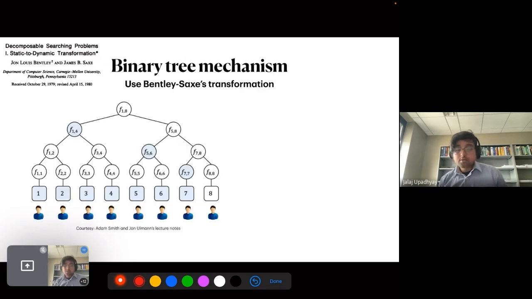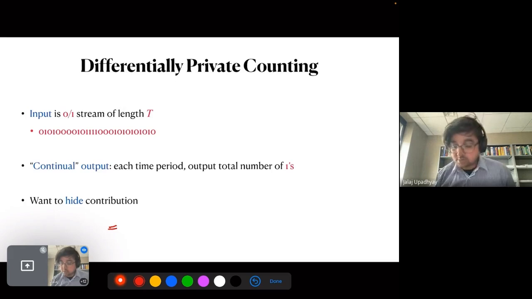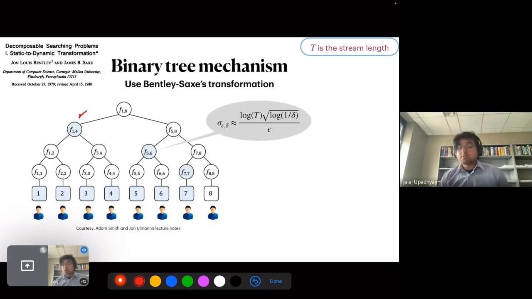The binary tree mechanism is a very standard mechanism people have used: it constructs a binary tree, and when you want to compute a sum, you take the dyadic decomposition of that sum, and at each node you add noise, scaled by Gaussian samples.